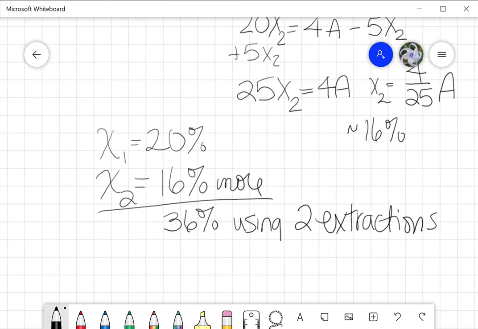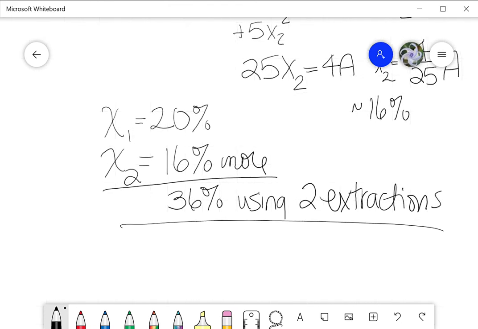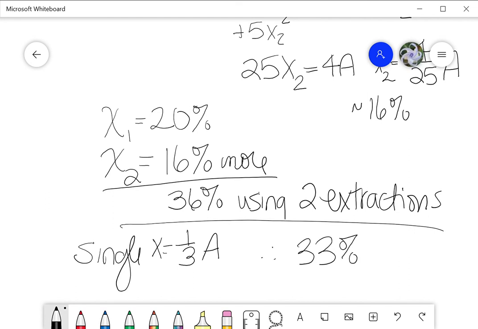And so now let's compare that to the single extraction. And we said that x equals 1/3 A, so that gave us 33%.